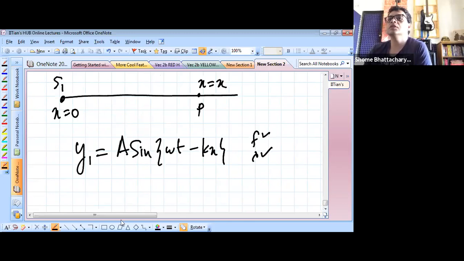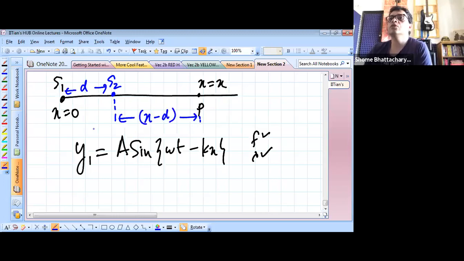Now similarly, if I had only the second source operating alone, so that source is over here, at a distance d. So from that source, this wave is traveling how much distance? It's not traveling x anymore, it is traveling x minus d.